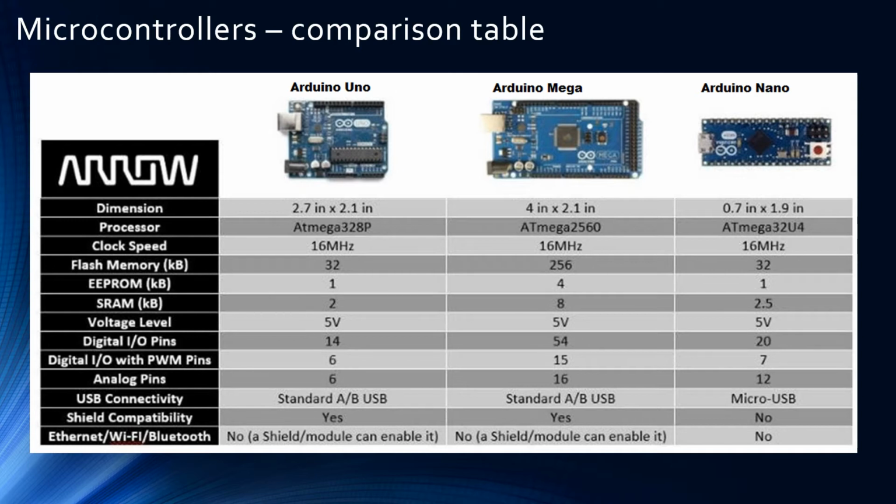The next one is RAM, the random access memory. In the computer it can go to 2 or 8 gigabytes. Here it's only 2 or 8 kilobytes. Very small. RAM here is non-permanent storage.